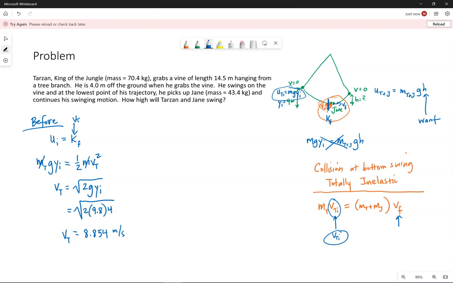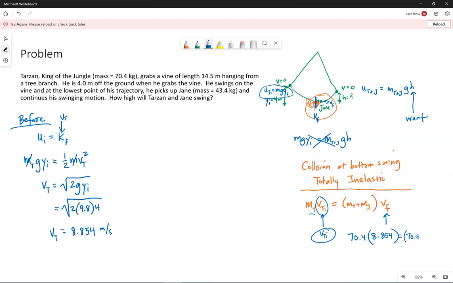That means we can find out how fast they're traveling together after the collision. So plugging in these numbers, Tarzan's mass is 70.4, speed 8.854, we just calculated that, equals Tarzan's mass plus Jane's mass times V final. This V final is how fast they're traveling together right here at the bottom.